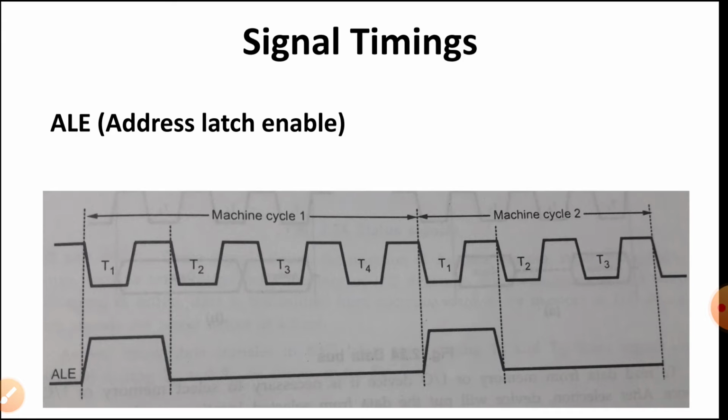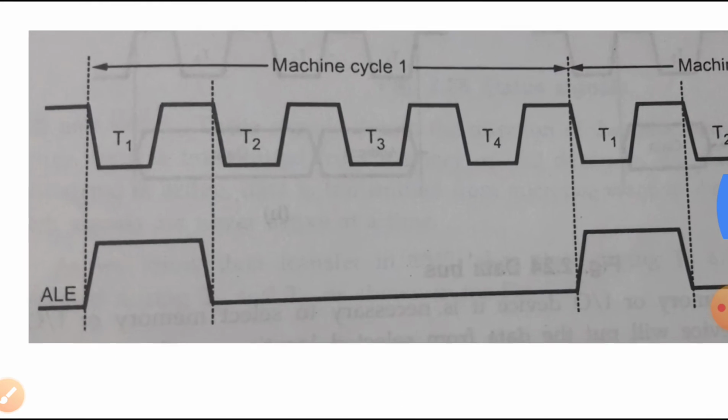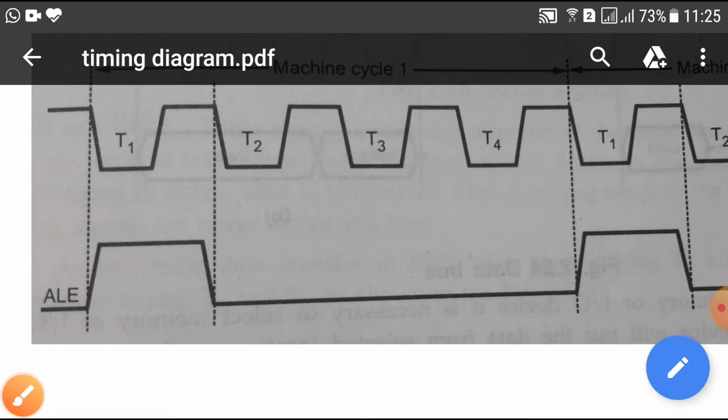It is activated in the beginning of the T1 state of each machine cycle, and it remains active only in the T1 state, as represented in this diagram. So, the ALE signal is activated in the beginning of T1 in every machine cycle, and it remains active for only one T state, that is T1.